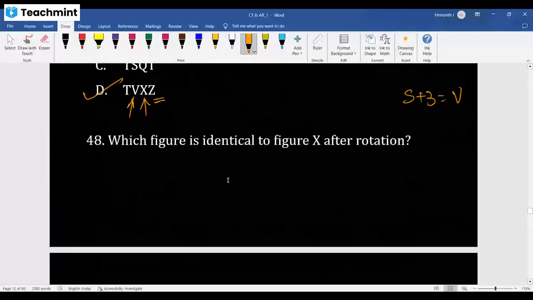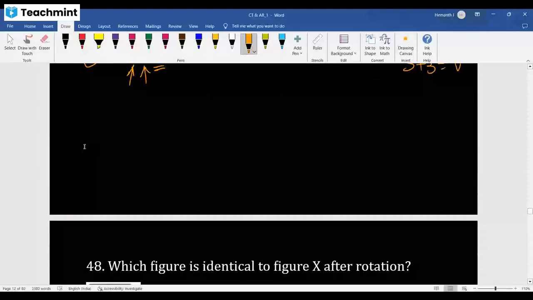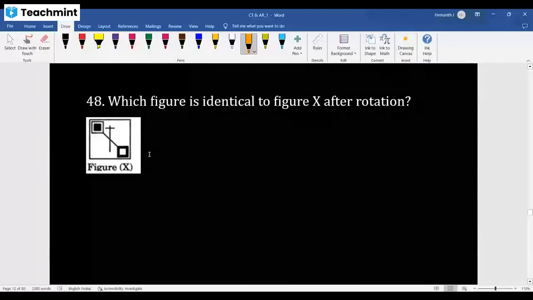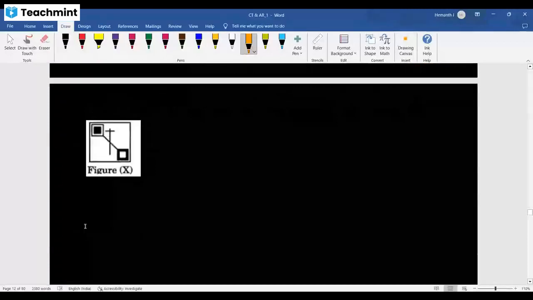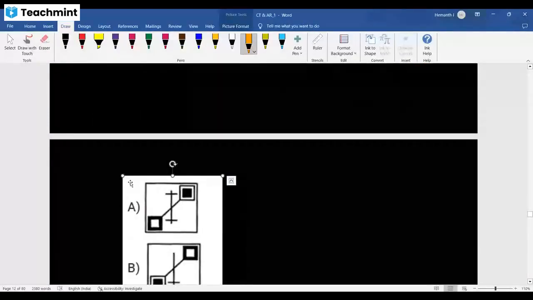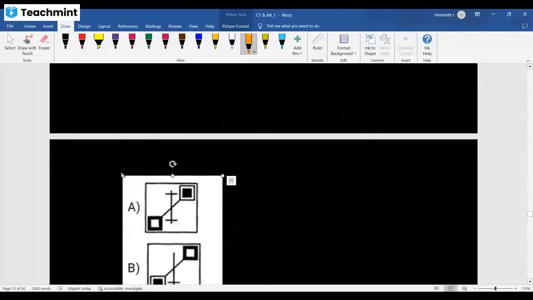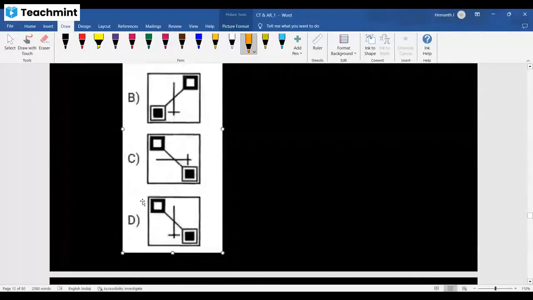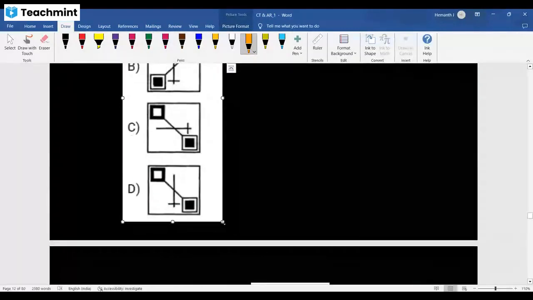Now which figure is identical to figure X after rotation? After rotation, this is A, okay, let me see. Both should be in one slide. If after rotating, which will look like it?